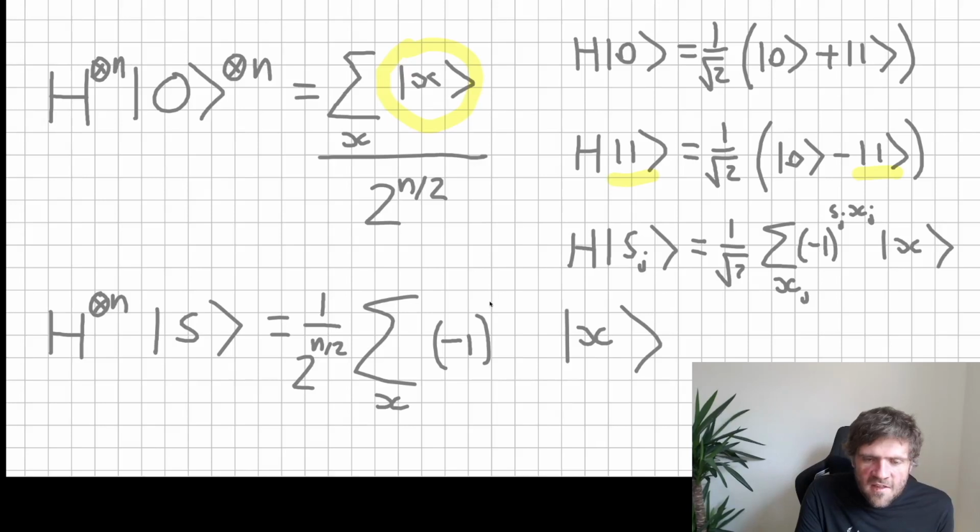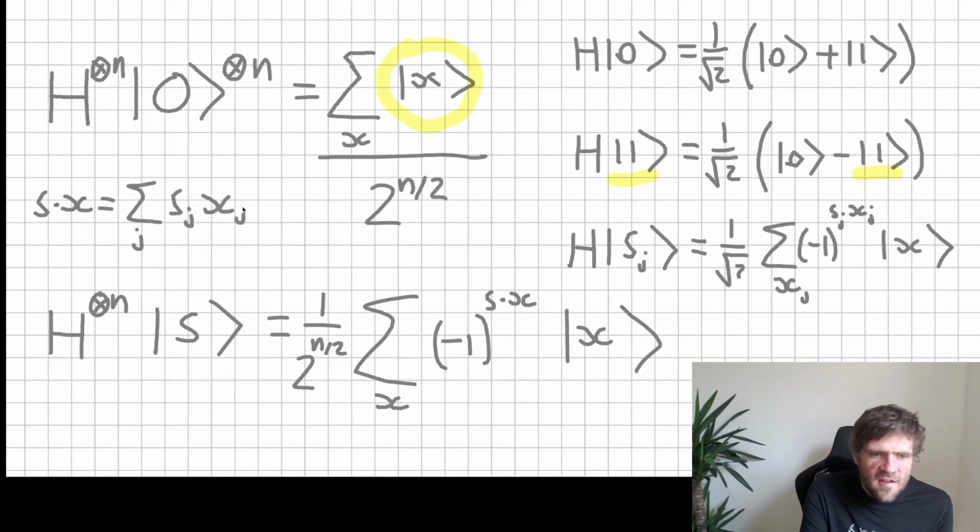We're going to call this s dot x, where s dot x is simply defined, and I'll put it up here, as the sum over all of the digits times these Sj xj's.